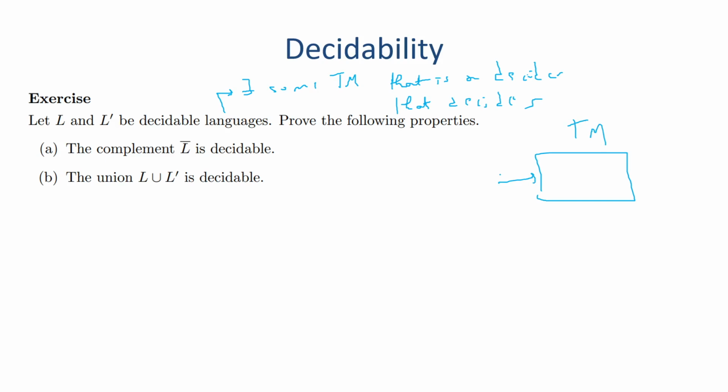It doesn't have to be a string or some tape, but let's say it is, some string W. Since this Turing machine, let's call it TM1, decides L, it'll be able to correctly tell you yes if the string W should be accepted by L, and no otherwise. That's a decider.